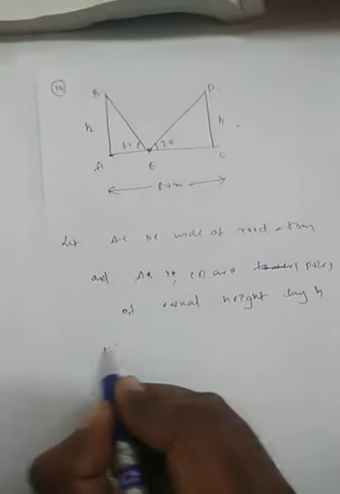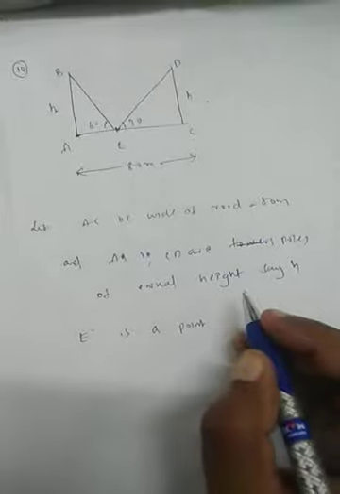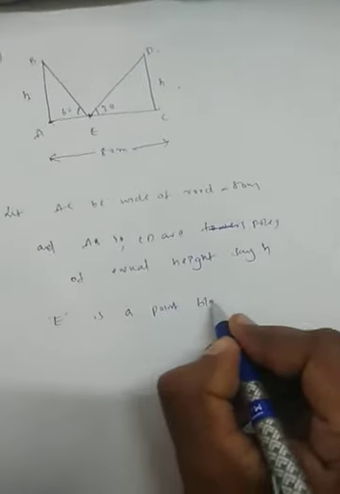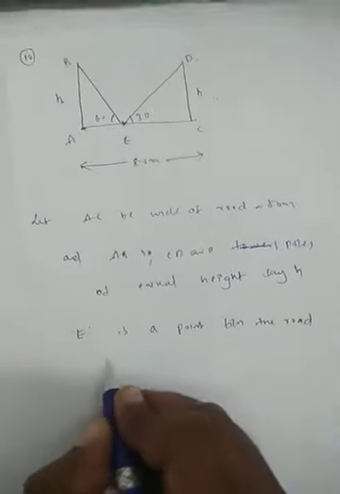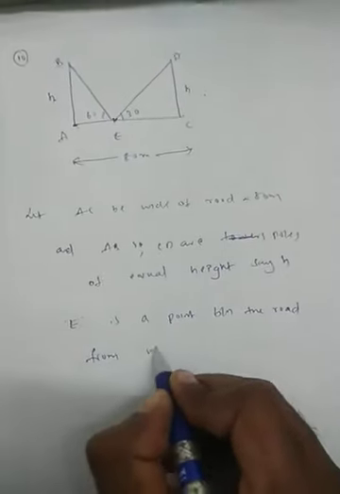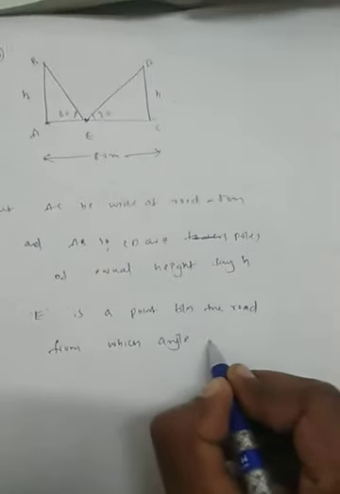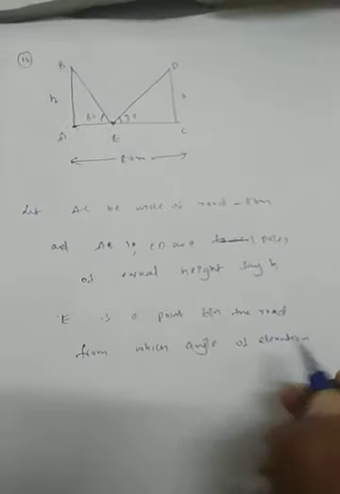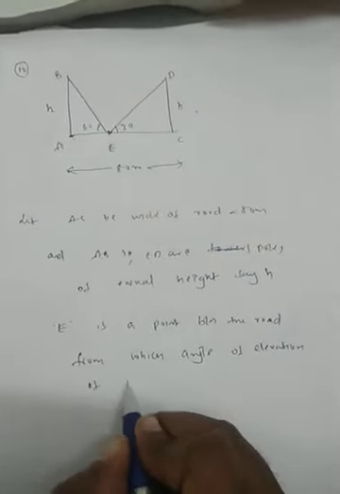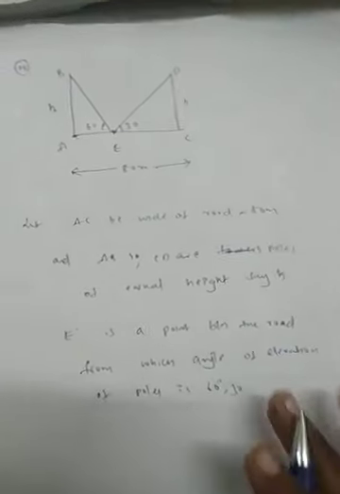E is a point on the road from which the angles of elevation of the poles are 60 degrees and 30 degrees respectively.